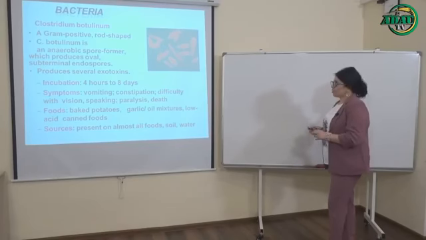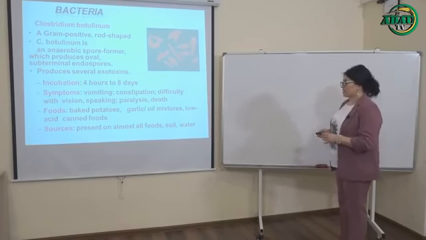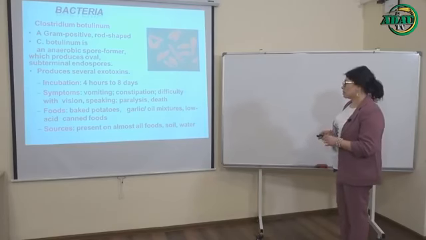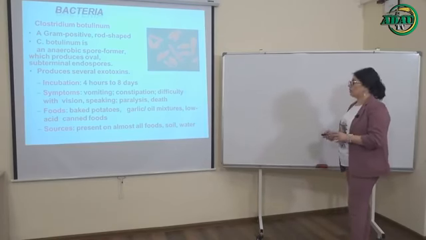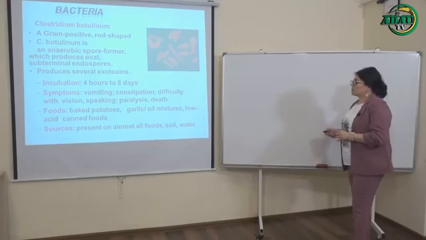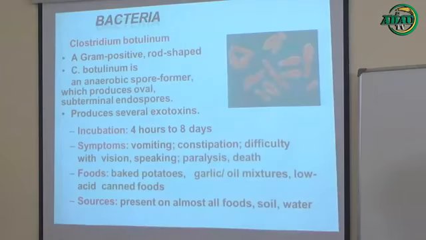Symptoms are almost the same in all foodborne diseases, but anyway, I will mention them: vomiting, difficulty with vision, speaking, paralysis, death. What kind of foods can cause this disease? Baked potatoes, garlic or oil mixtures, low acid canned foods. The most important source for this disease is canned foods.